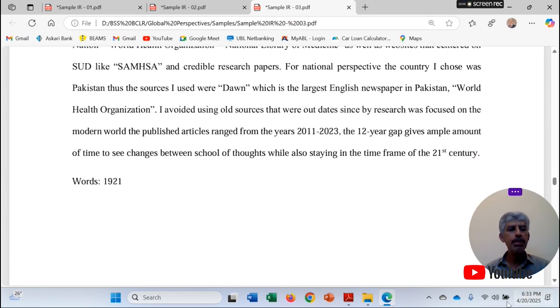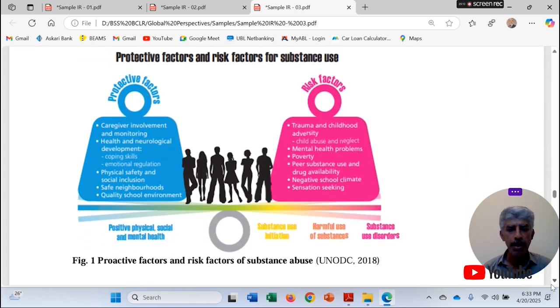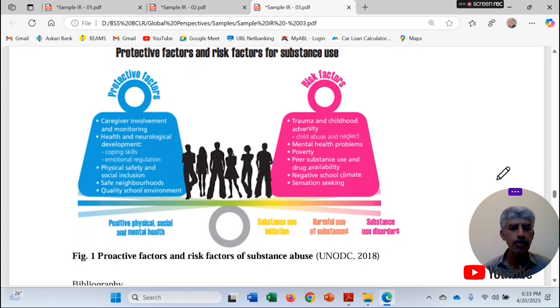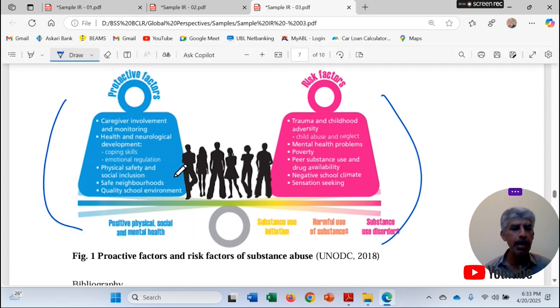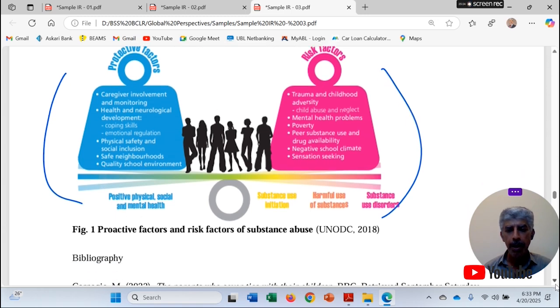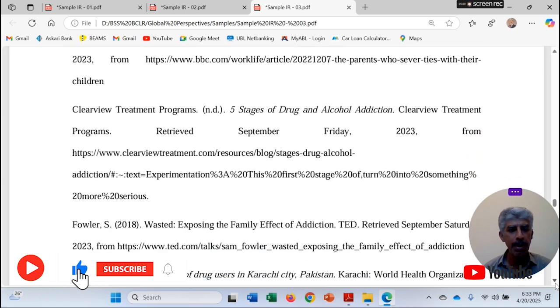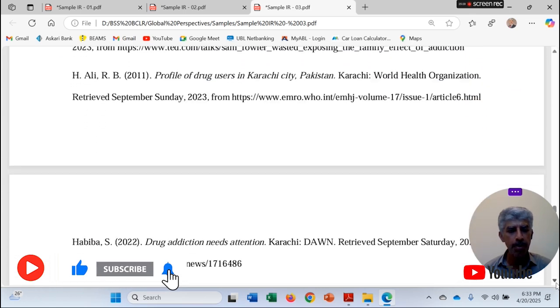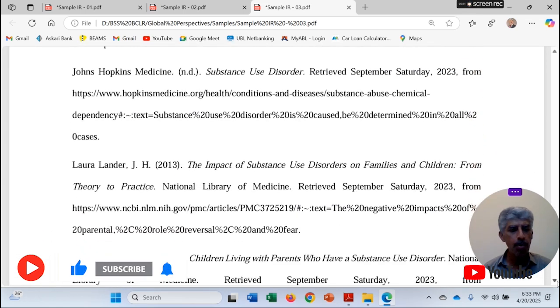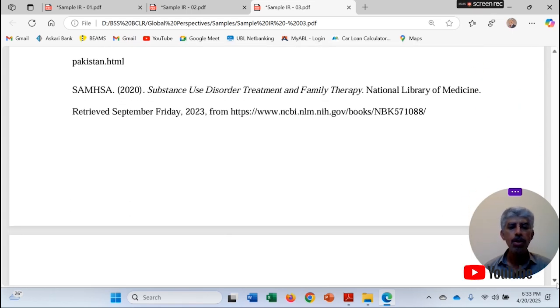Source evaluation is a must, and here the 1921 word count is also given right in the end. And after that, this was the figure I was pointing out, which the student explained in the upper areas when he was explaining the national perspective. And after that the bibliography is given in APA style of referencing.